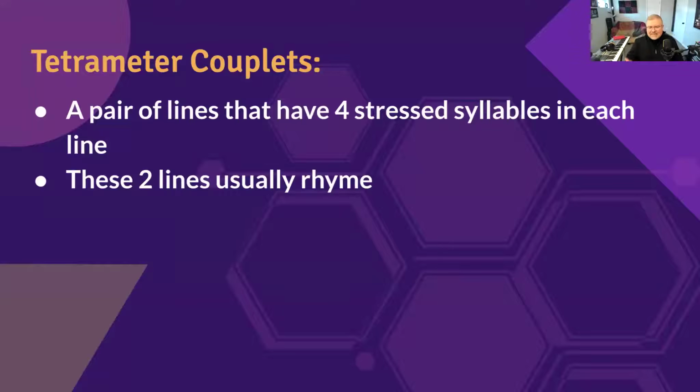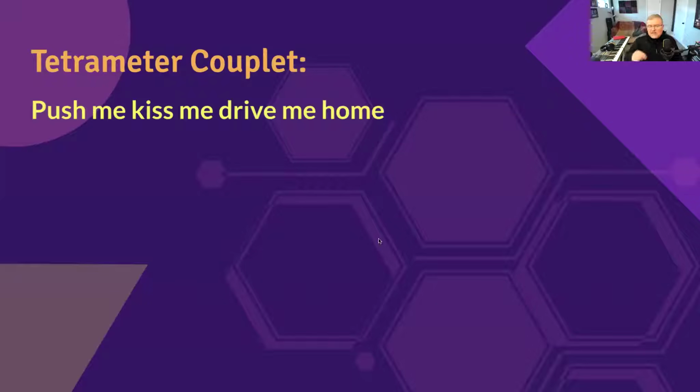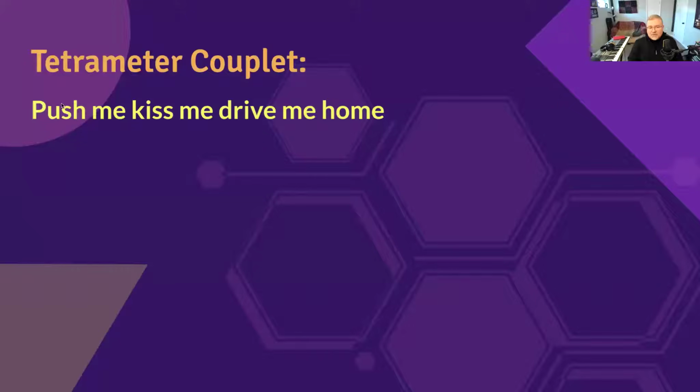So why does this matter? Well, a tetrameter line would be, "Push me, kiss me, drive me home." There are 4 stressed syllables: push, kiss, drive, and home. So you have stressed, unstressed, stressed, unstressed, stressed, unstressed, stressed.